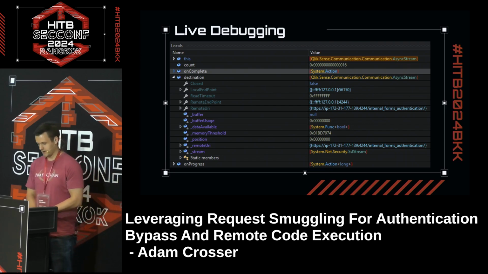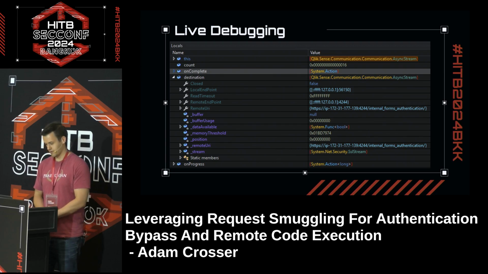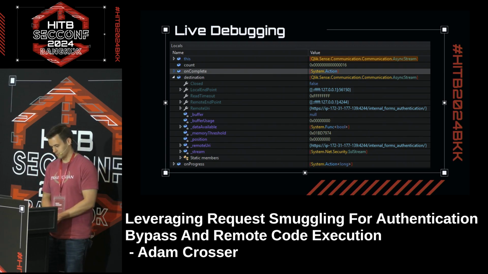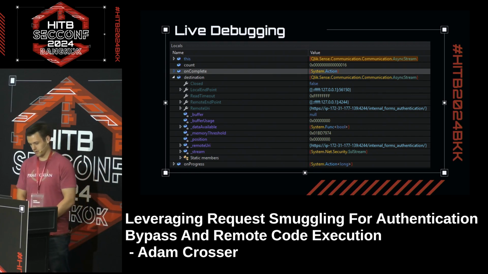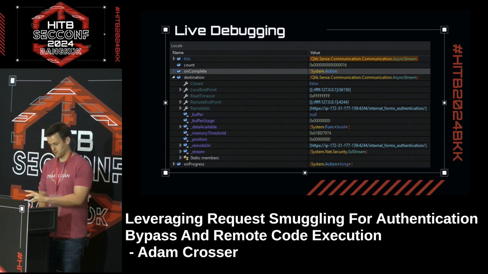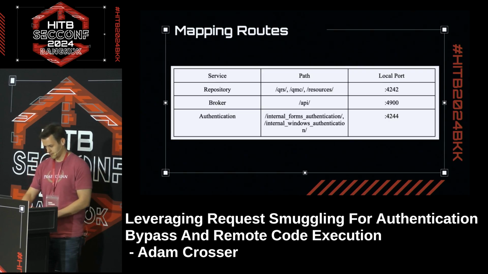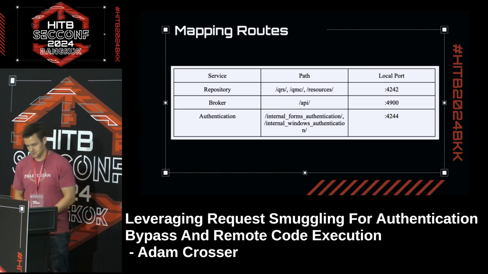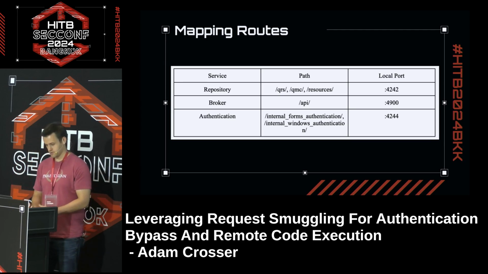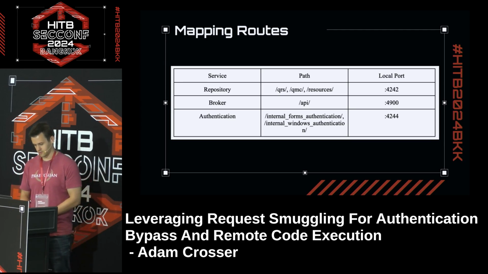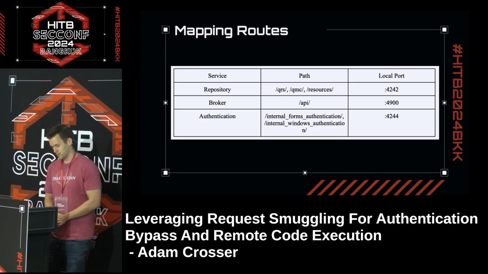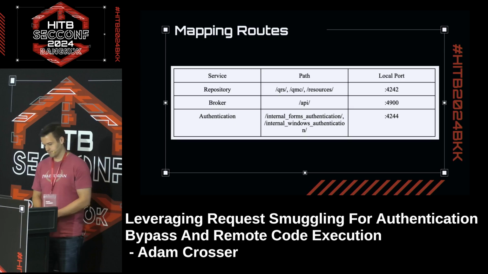So we started mapping out the application, hitting all the routes and debugging it, and then instrumenting the code to see where certain request paths were being routed, what internal service was being hit based on the path used in the URL. This isn't a full list of all the services they have, but some of the main ones are this repository service, which implements things like the management console and a lot of the core application logic.